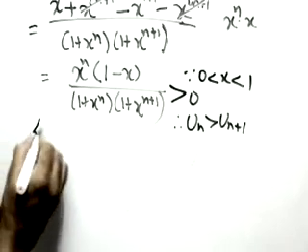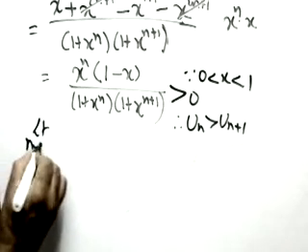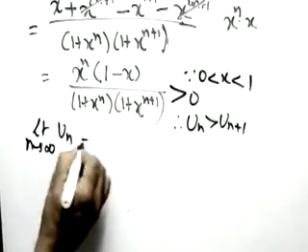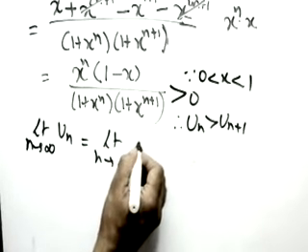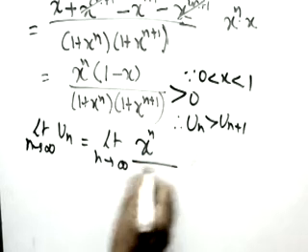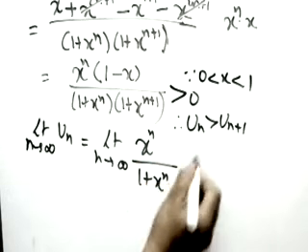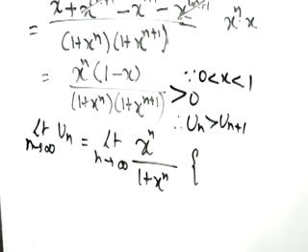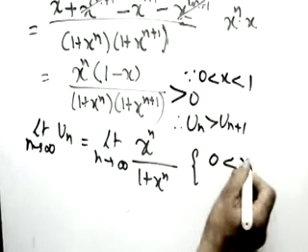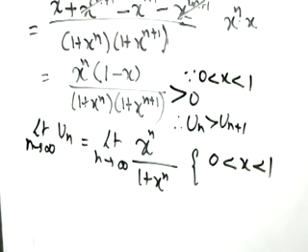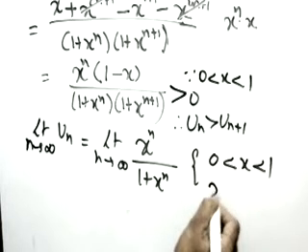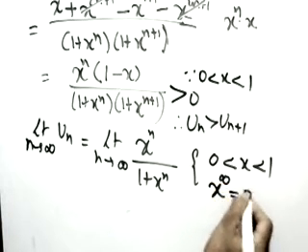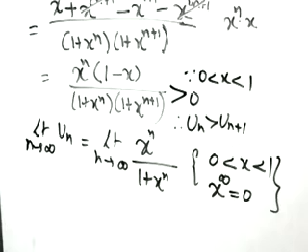Now let me find the limit here. Limit n tends to infinity of u_n equals limit n tends to infinity of, what will be u_n? The value of u_n is x power n by (1 plus x power n). You see here, we have a concept here: 0 less than x less than 1. Because x lies between 0 and 1, x power infinity is 0 here.